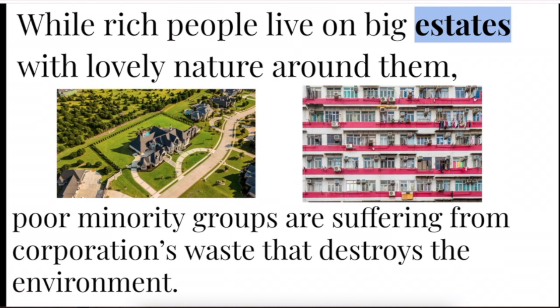So the academic word list word is estate. Estate, right? So the word estate is often used in terms of property, but I see this word a lot when we talk about people who are wealthy, people who have more money, right? So people who have gigantic houses. We often see this word used in that context.